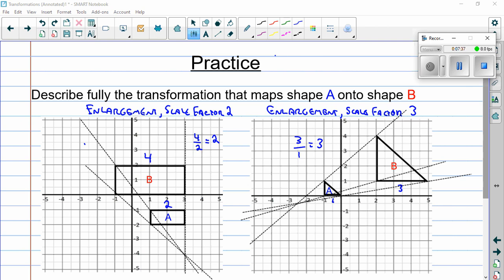So I'm back with my lines drawn in, and we can see that on our left one, our center is here. So that is the point 3 and negative 4. So simply say center at 3 and negative 4.